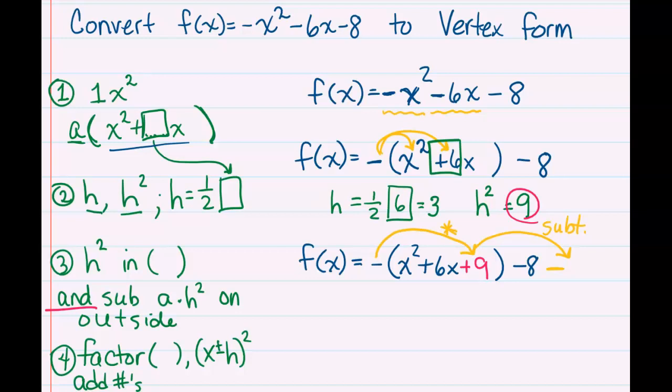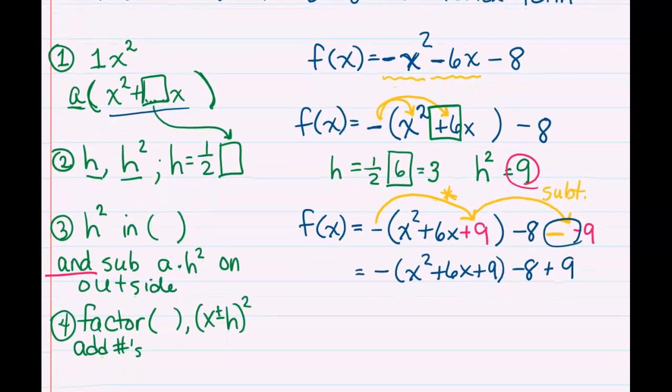So let's see what we get. We have a negative times a 9. That's going to be a negative 9. And remember, we're subtracting it, so we actually have a double negative there. So we're going to find that this is negative x squared plus 6x plus 9. I have negative 8, and then these two negatives become a plus 9 out here on the outside.